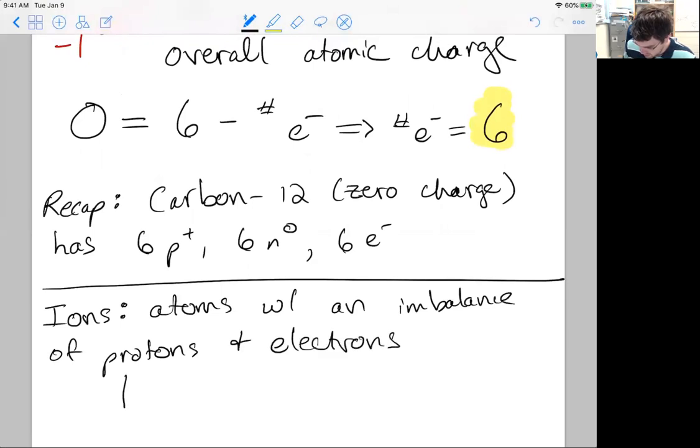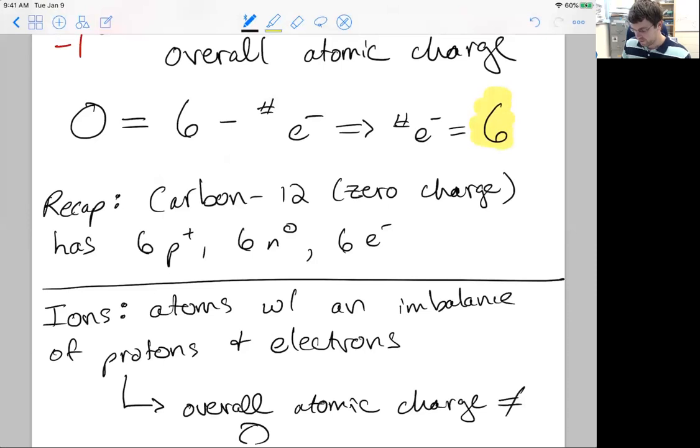And as a result, the overall atomic charge is not equal to 0. Okay?